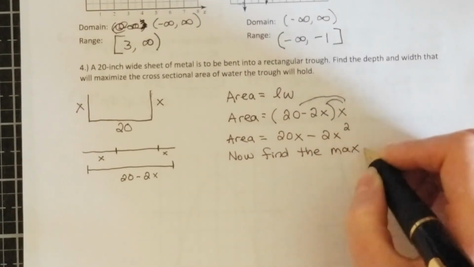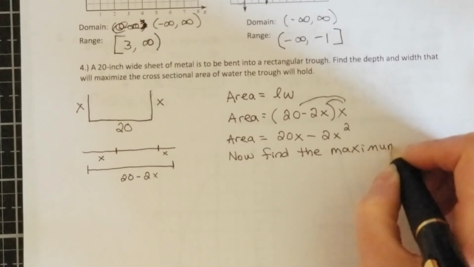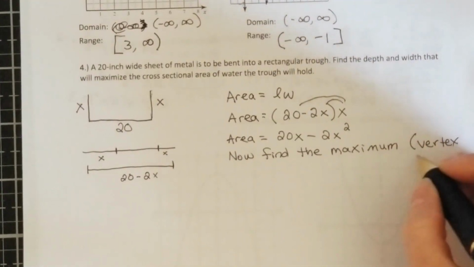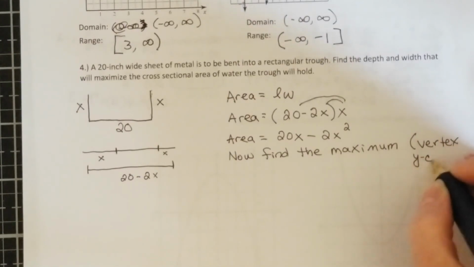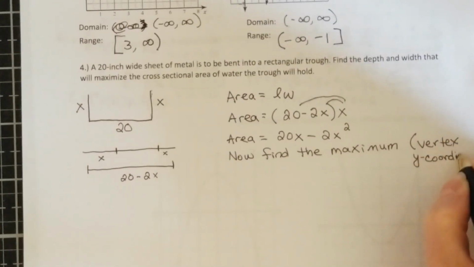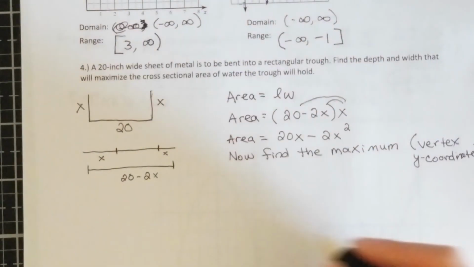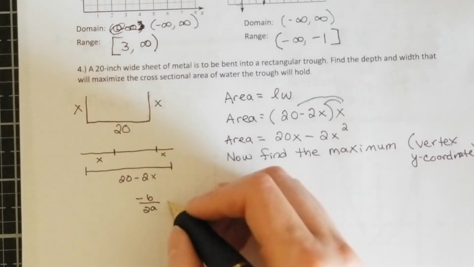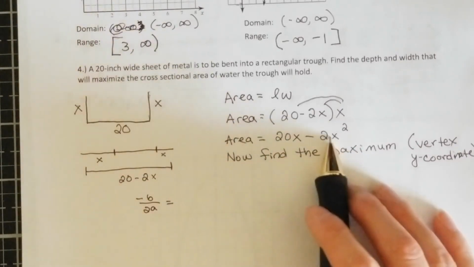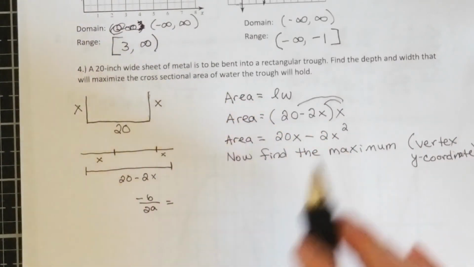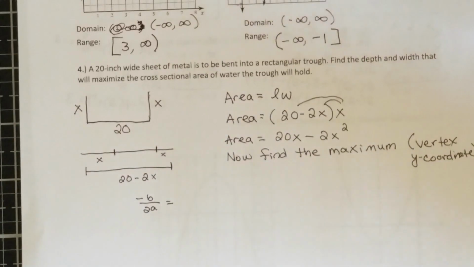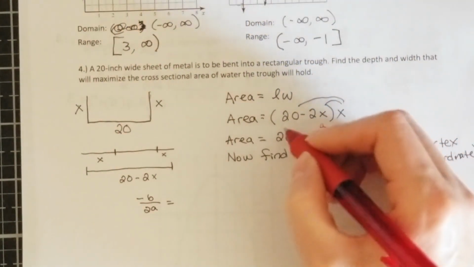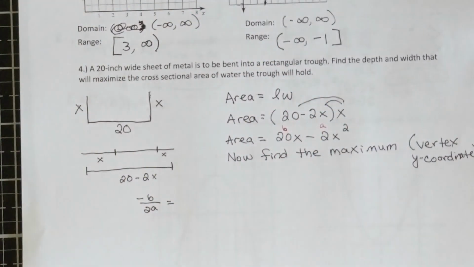So to find the maximum, what you are really doing is finding the vertex, and you want the y coordinate. Okay, so our formula was negative b over 2a. We did this on the front page. These are backwards this time because the squared is always your a, and whatever's just x by itself would be your b. So this would be the a, this would be the b.